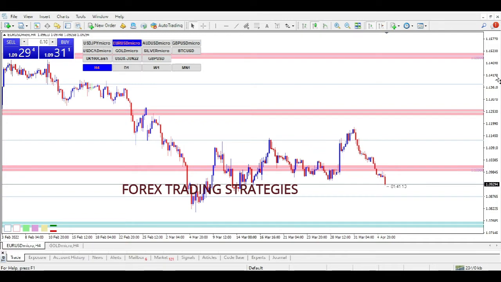Yes, they can be profitable on that currency pair. For example, the robot only trades GBP USD or Euro USD. That's only what it does.